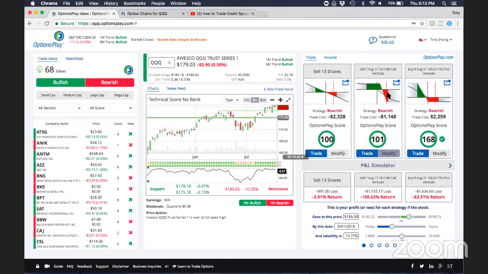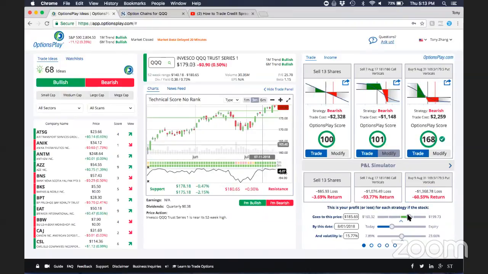You can know well ahead of time so that as you watch this trade age, and if the stock starts to pick up and goes a little higher, 183, 184, 185, you're already prepared that it's time to cut my losses. That's really why I encourage all of you to use our P&L simulator, not only for when you're making money, but also to plan for when to cut your losses.